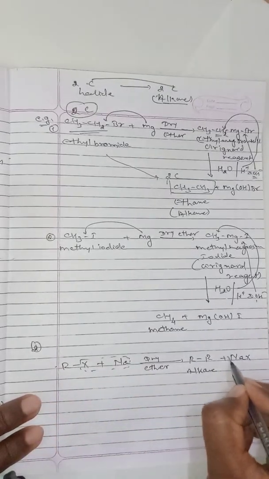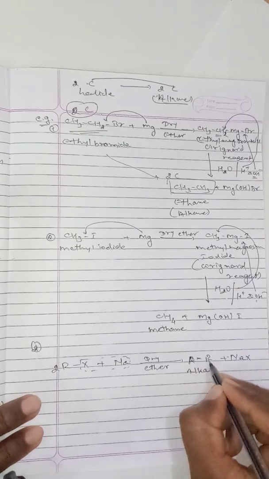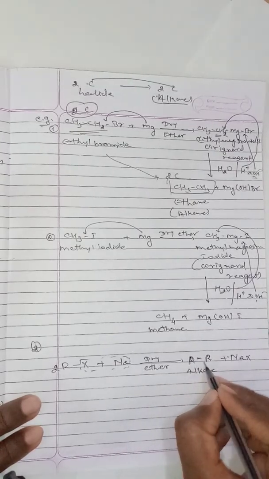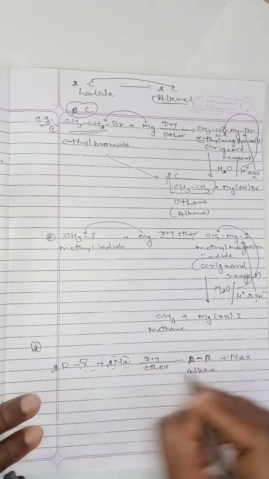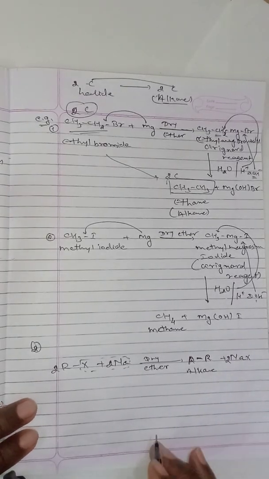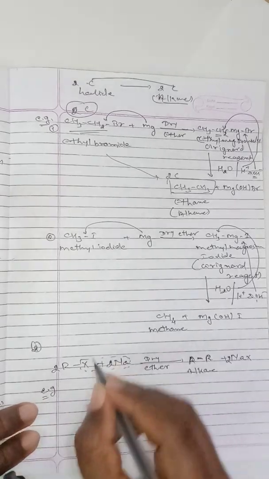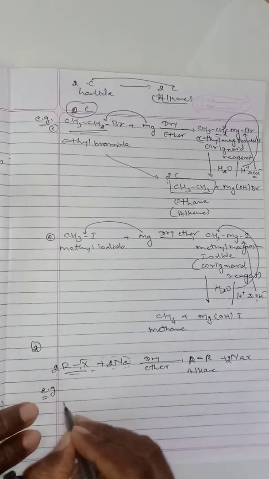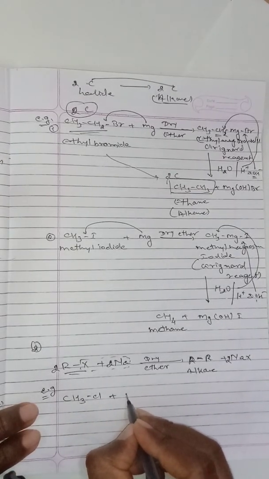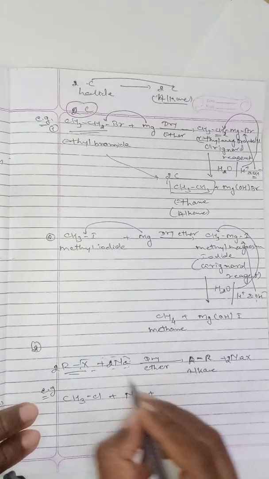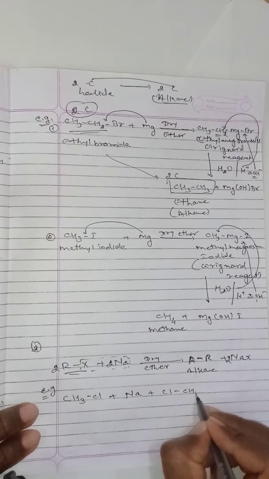Here we get 2 alkyl groups, you need to balance twice and twice. For example, here we take CH3Cl plus sodium metal plus another molecule CH3Cl, same molecule.